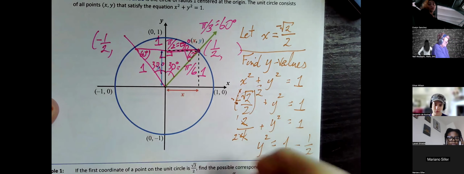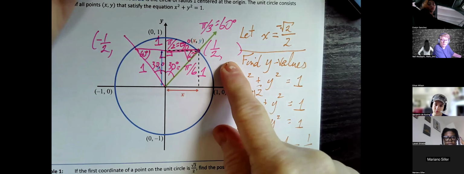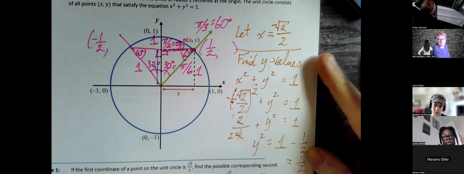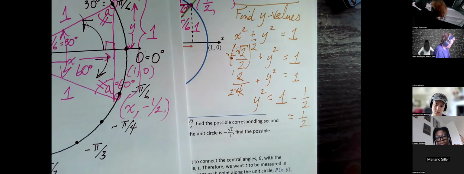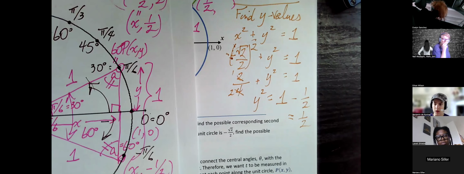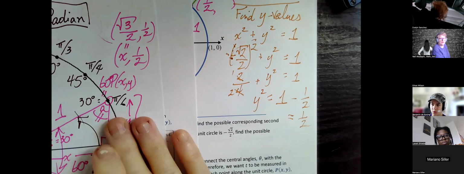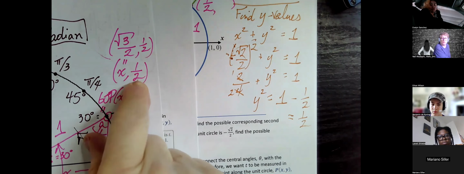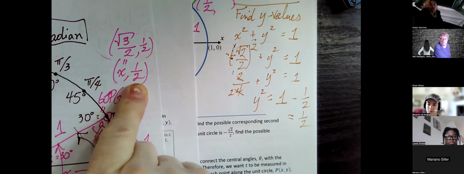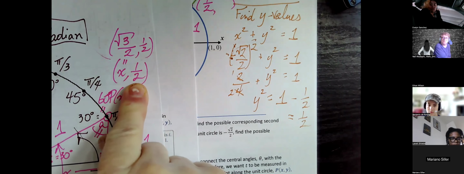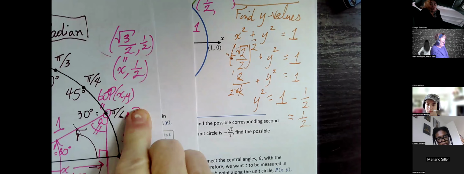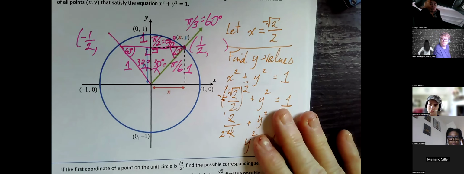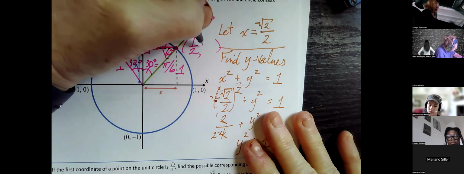That's lovely. Now, how can we find the y that goes with that 1/2? What did we just do that tells us what it's going to be? The x squared plus y squared equals 1. Yes, but more than that. We got square root of 3 over 2 when we started with 1/2 before. Can we get any other answer if we start with 1/2? No, we're going to get square root of 3 over 2.